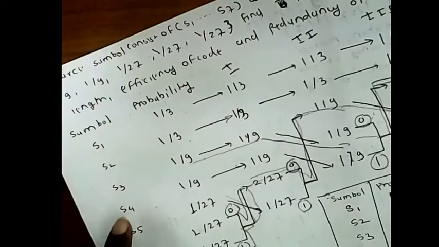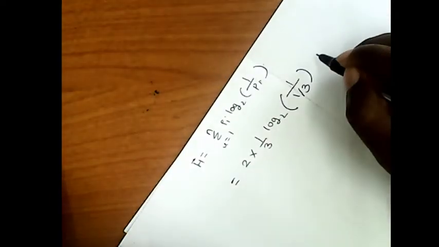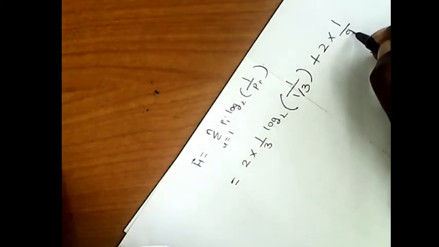Similarly S3 and S4 have the same probability 2 times, so 2 times 1/9 log to the base 2 of 1 upon 1/9.